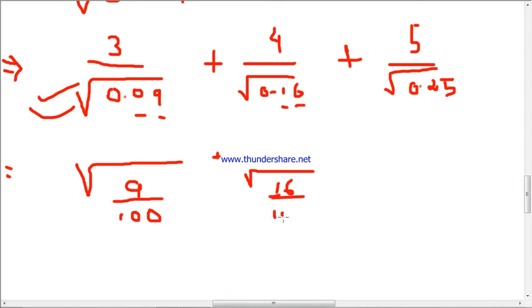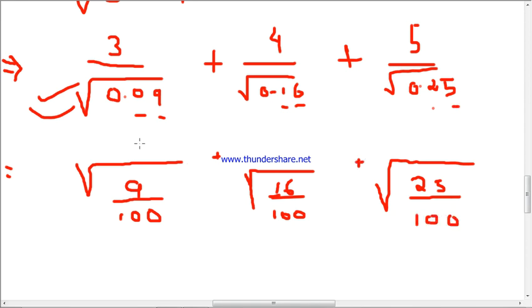Plus you have root over of 25, divided by how many places of decimals are there? 1, 2, so 100. Use plus sign, and then you can copy the numerator part. So this is 4 and then this is 5.